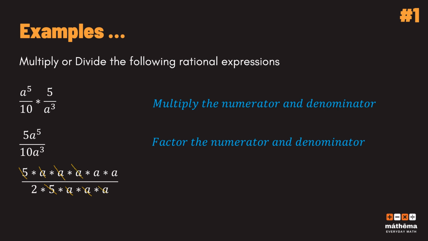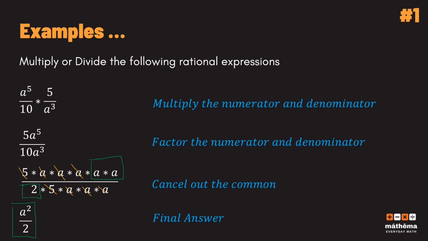We don't have 2 in our numerator, so the remaining factors are a times a in the numerator, and 2 in the denominator. So our final answer is a times a, which is a squared, over 2. Therefore, a to the fifth power over 10 times 5 over a cubed gives us a squared over 2.